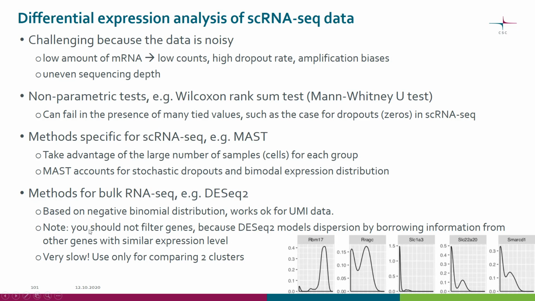One thing to remember is that you should not filter genes prior to running DESeq2 because DESeq2 models the dispersion of a gene by borrowing information from other genes which are expressed at a similar level.